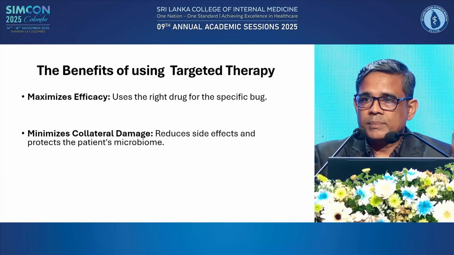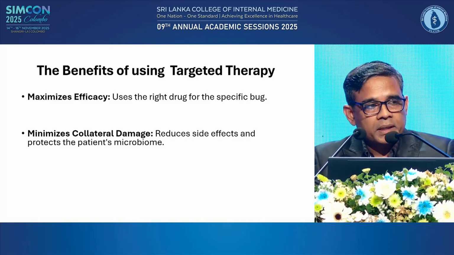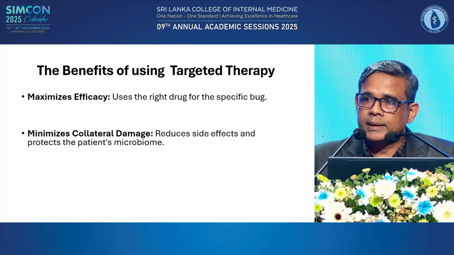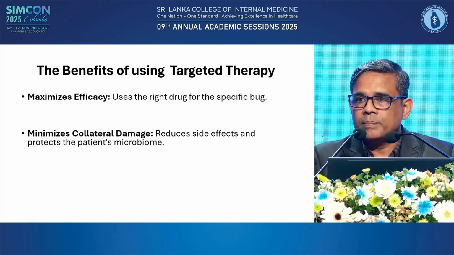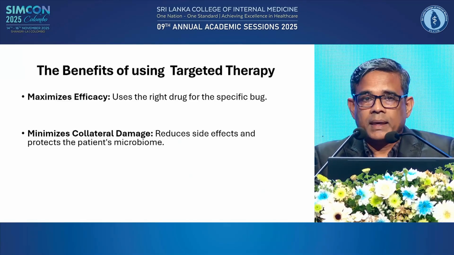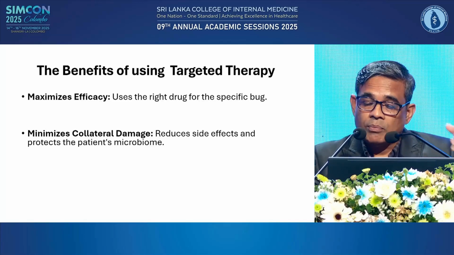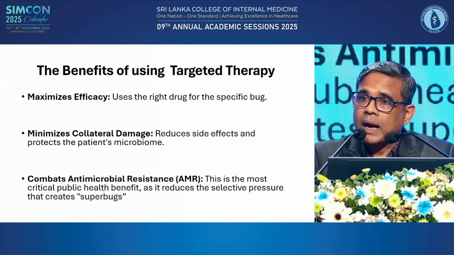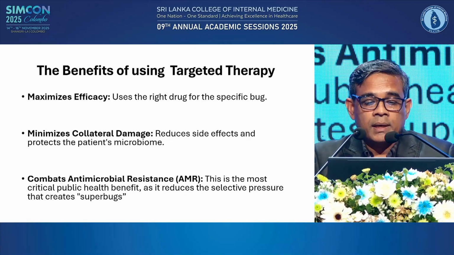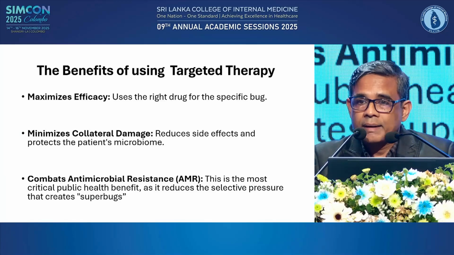When it comes to antimicrobial resistance, when you treat with a broad spectrum antibiotic, not only the targeted organism but the other organisms in the vicinity will experience antibiotic pressure and develop antimicrobial resistance, which will be a bigger problem subsequently. When you give targeted therapy, it is good for prevention of antimicrobial resistance.